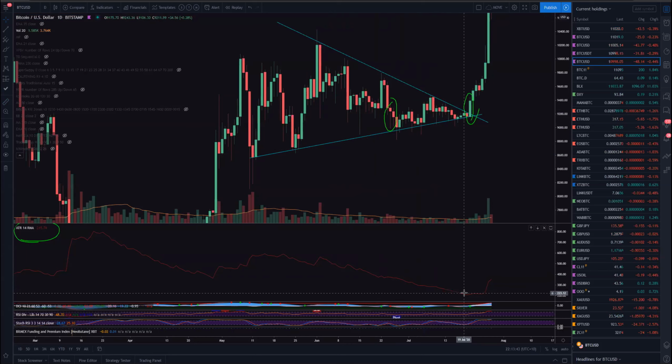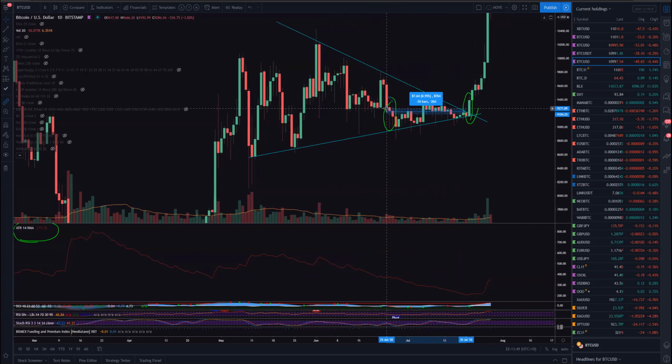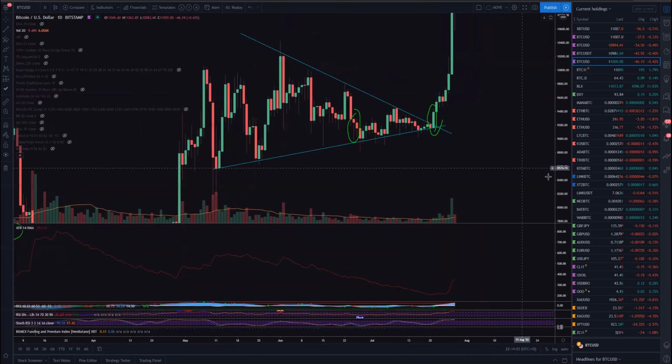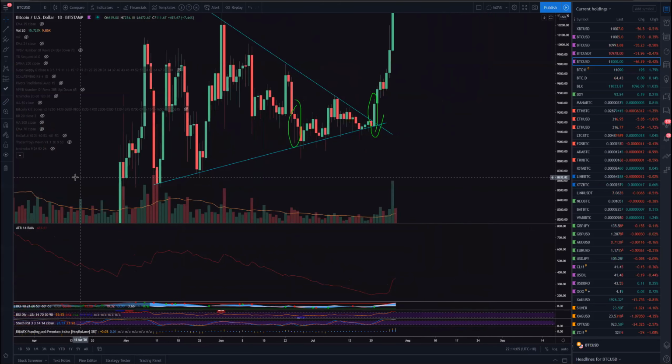The lowest it gets is around 215. So the average candle range for this whole period, the last 14 bars, was about 241.